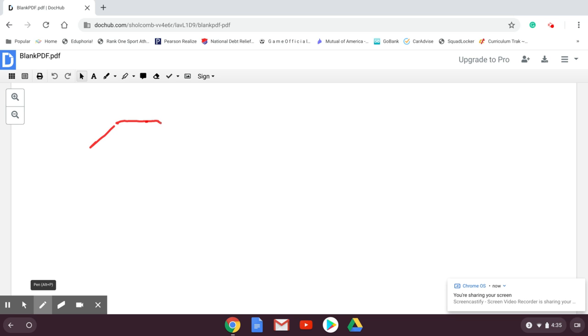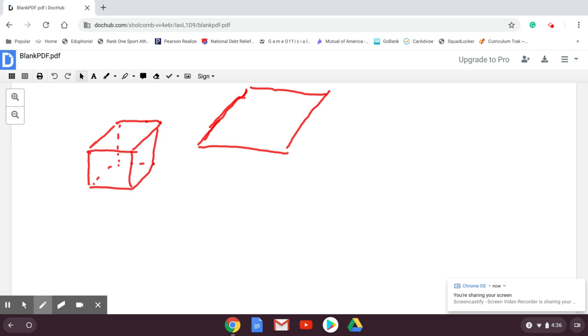So if I have a cube like this, and that cube is similar to a larger cube like this, what this means is it's going to be similar in every area.